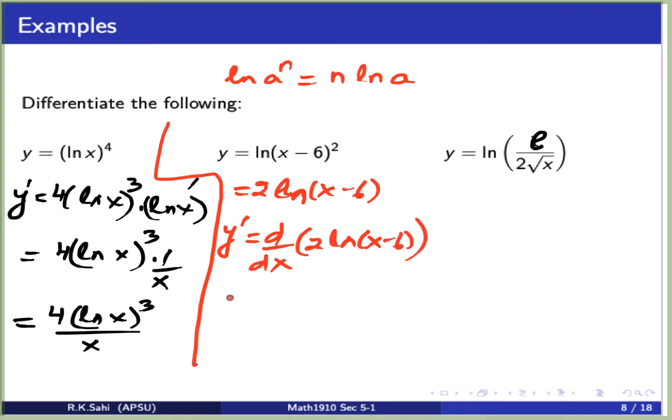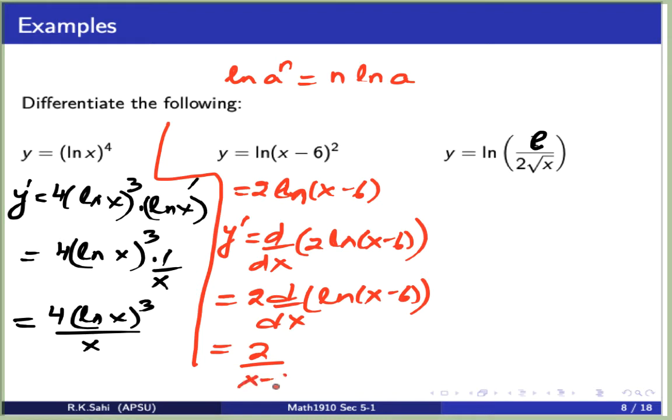Now 2 is a constant, we can take the 2 out, and that's the differential of natural log of x minus 6. So what's this? It's 2, and remember, now we'll apply the differential property. x minus 6 goes in the denominator, and you multiply by the differential of x minus 6, which is basically a 1. So your final answer is 2 over x minus 6. Remember, the differential of x is 1 and of negative 6 is 0.